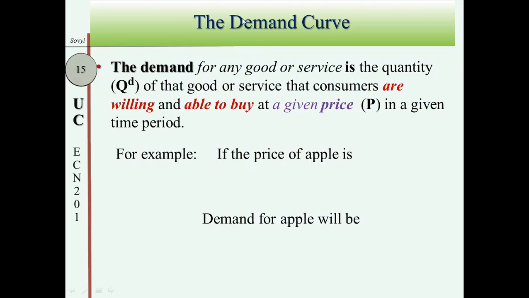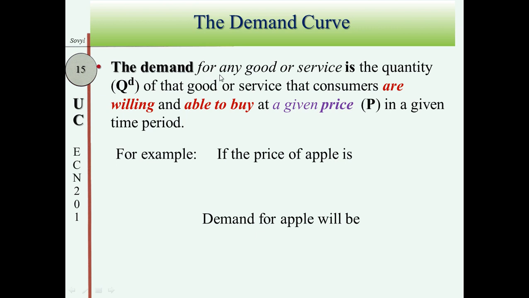Okay, now we're going to point 1, our objective. Remember that point 1, our objective: how the demand curve summarizes the behavior of buyers in the marketplace. Now we come here.